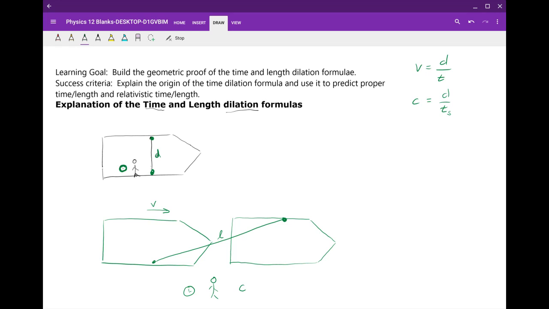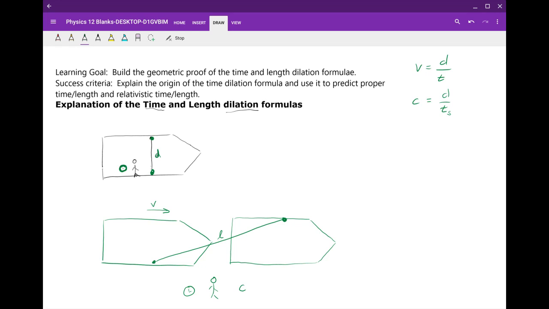All right, that's Einstein's second postulate. The light moves at 3 times 10 to the 8 meters per second in a vacuum, for all viewers, right?